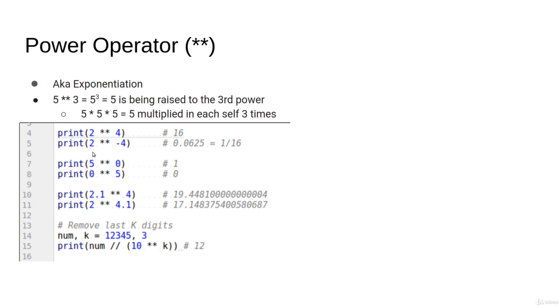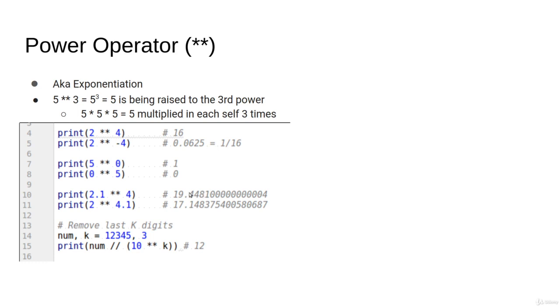Here are some examples. If you compute 2 to the power 4, it will be 16. 2 to the power minus 4 is just 1 over 16. Two interesting cases: 5 to the power 0 is 1, and 0 to the power 5 is 0. These are just all math things. If you don't know them, then anyway the power operator is rarely used.